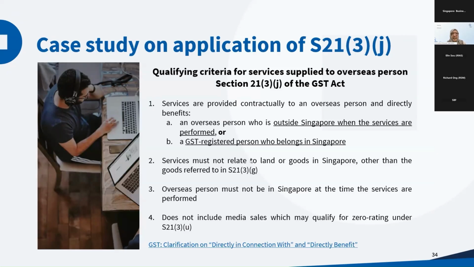The direct beneficiary can either be an overseas person who is physically outside of Singapore when the services are performed, or a GST-registered Singapore business. Your services must not relate to any goods or land in Singapore. Your overseas customer must be physically outside Singapore when you perform the services, and the services must not involve media sales, which I explained just now should fall under section 21(3)(u).